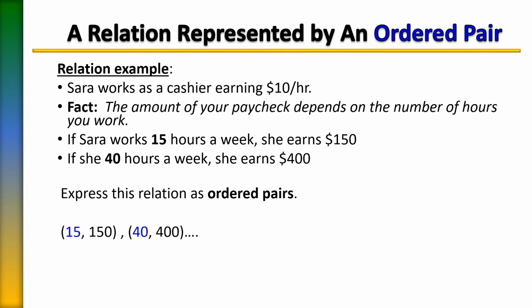So we can write that relation, for example, as (15, 150), (40, 400), and so on. But again, I just represented it here as ordered pairs. So relations, you can represent them in the form of ordered pairs.